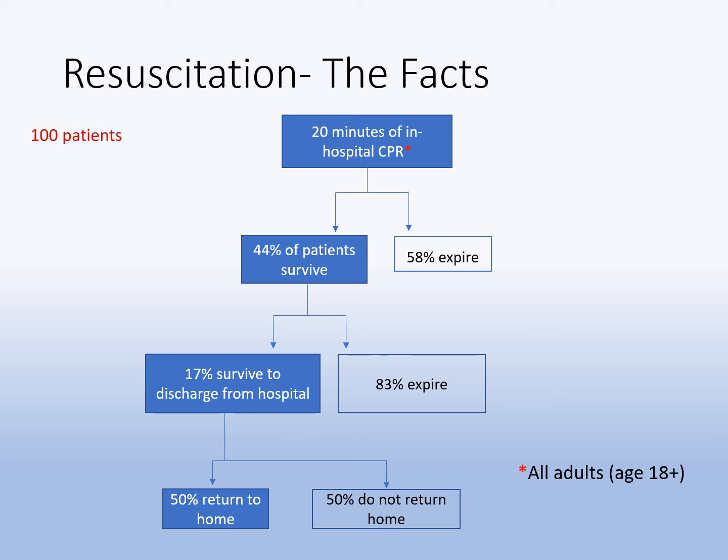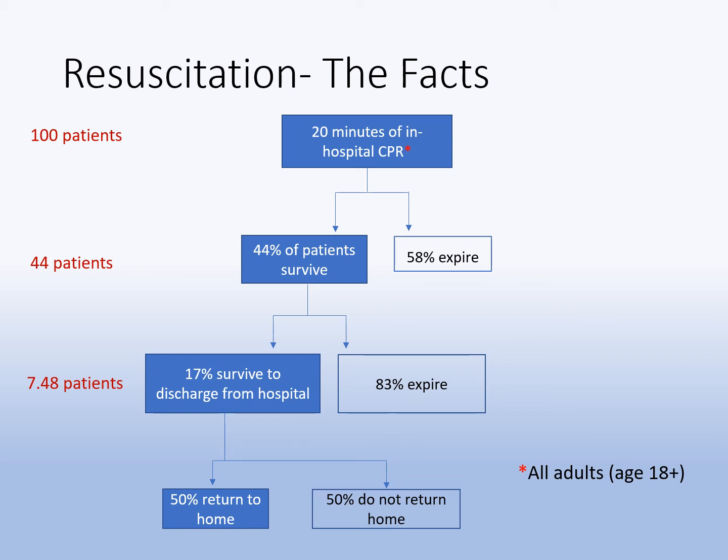So if we think about, let's say, a sample of 100 patients. So 100 patients are receiving in-hospital CPR for 20 minutes. And we know that of those 100 patients, 44 of those patients will actually survive. 56 of them will pass away, but 44 of them will survive. And then of those 44, only 7.48 patients, so not quite 8, but not 7, so 7.5 patients actually will survive to be able to be discharged from the hospital.